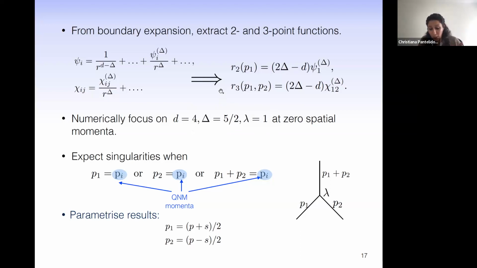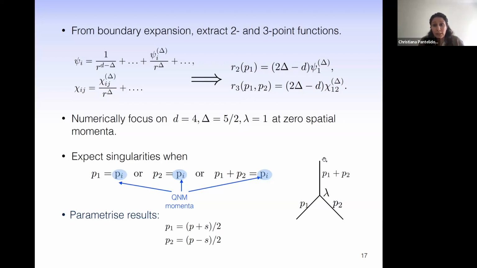Now, before I move on to show you the results that we got, let me briefly discuss what we expect to see. In particular, where do we expect to see singularities in this retarded 3-point function? In order to discuss that, it is usually intuitive to consider contact diagrams.